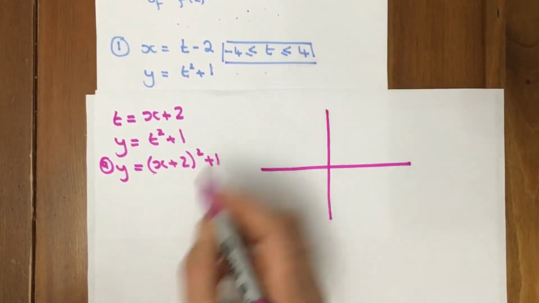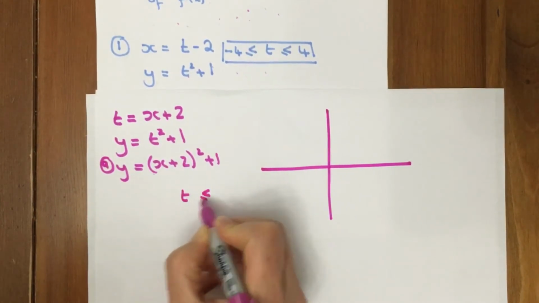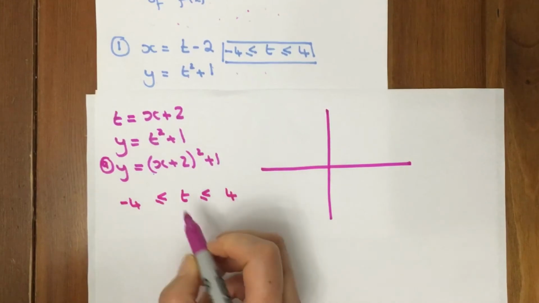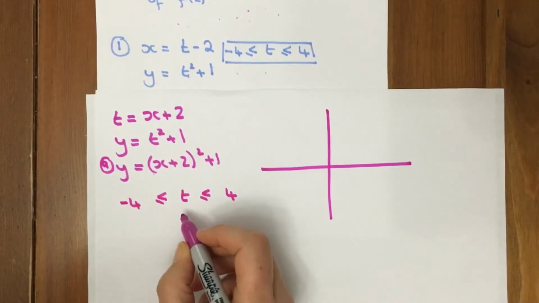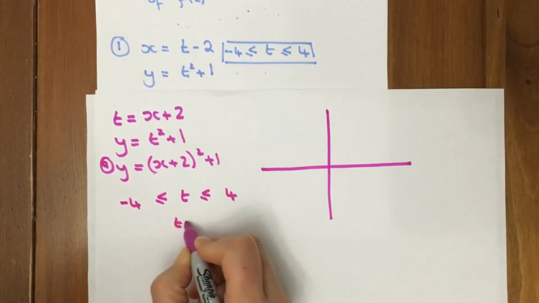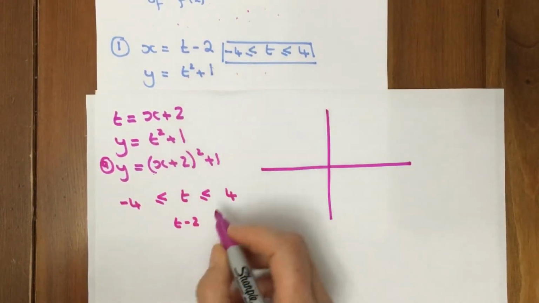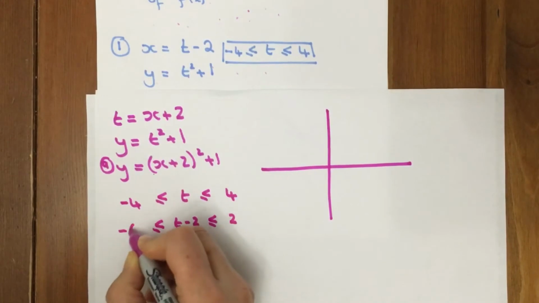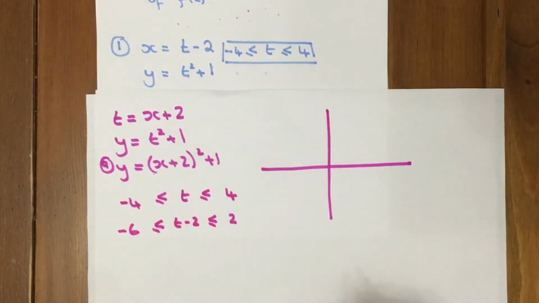So if t goes between -4 and 4, then t minus 2, which is equal to x, will go between 2 and -6, just taking away 2 from everything.